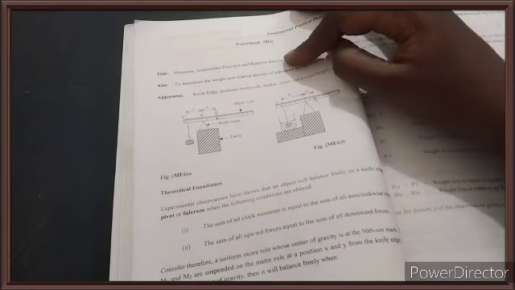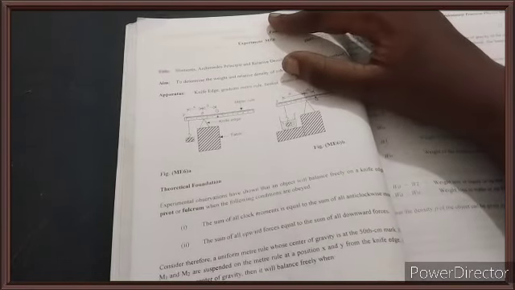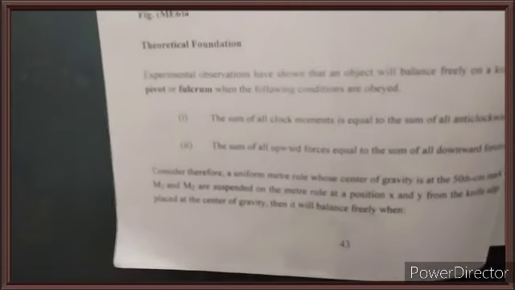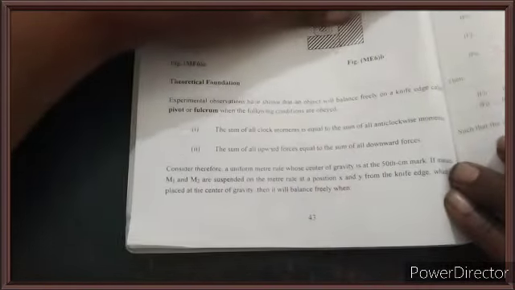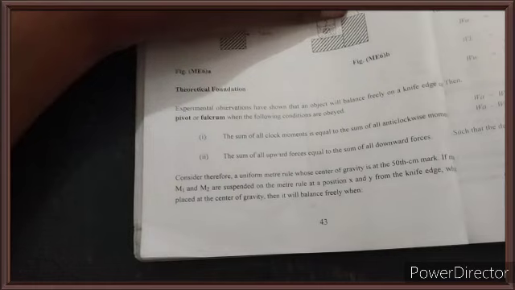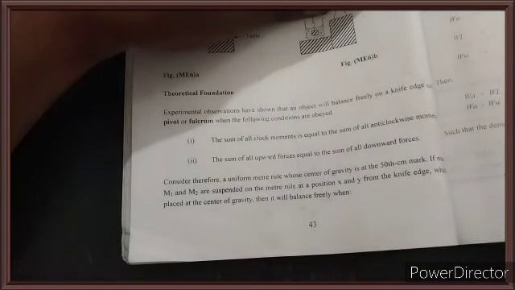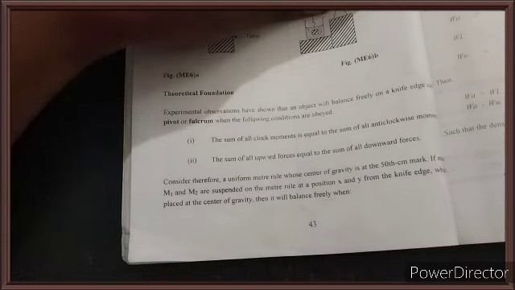It says, experimental observations have shown that an object will balance freely on a knife edge called a pivot or a fulcrum when the following conditions are obeyed.